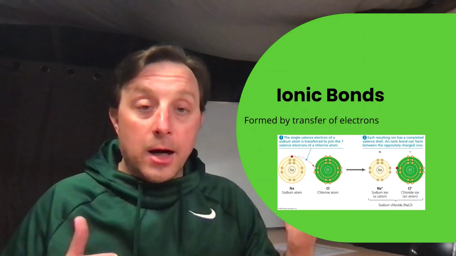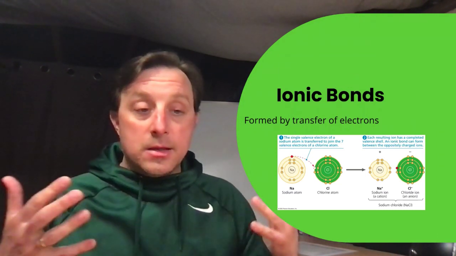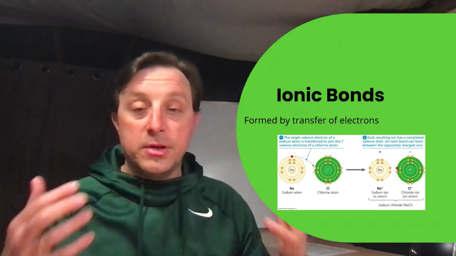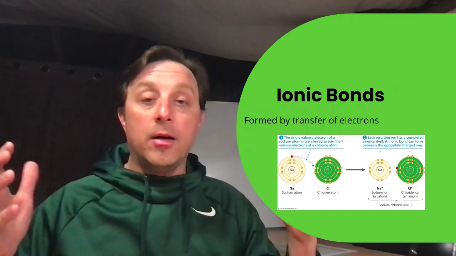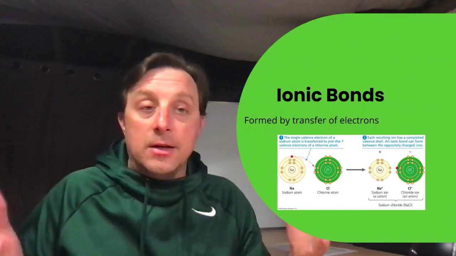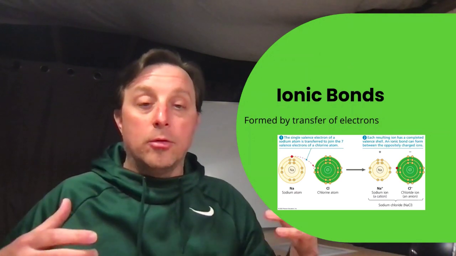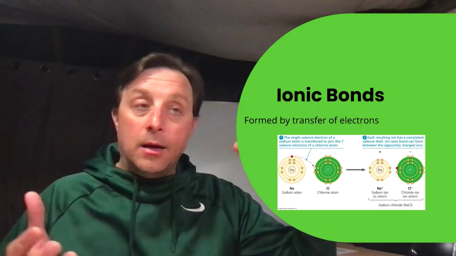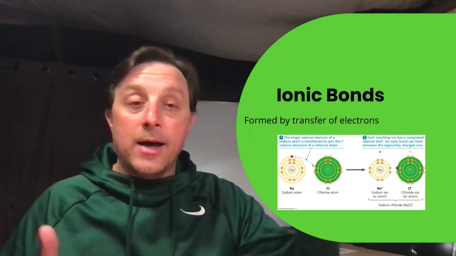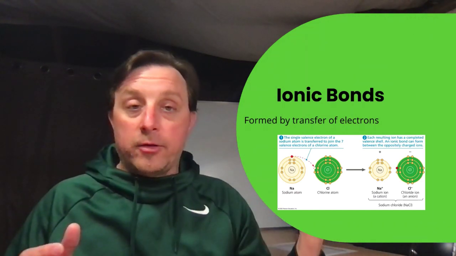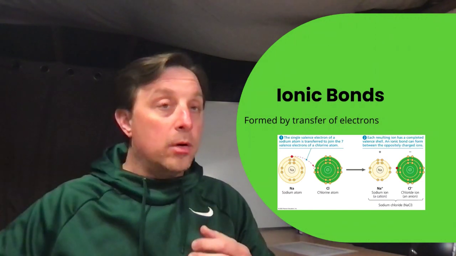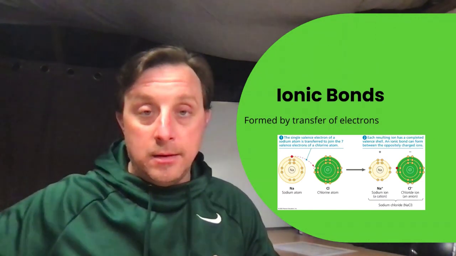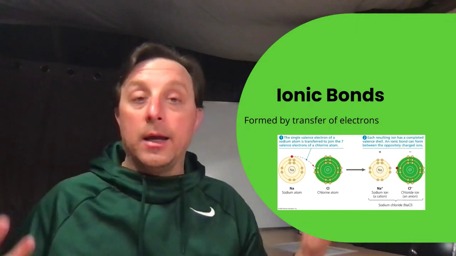First, we'll talk about ionic bonds, and these generally form between two elements that are very different in electronegativity values. So that one atom, the highly electronegative atom, can actually strip that electron off of the lower electronegative atom and can ionize them.